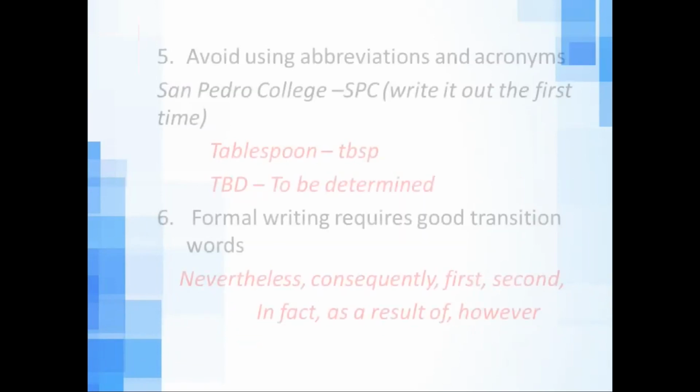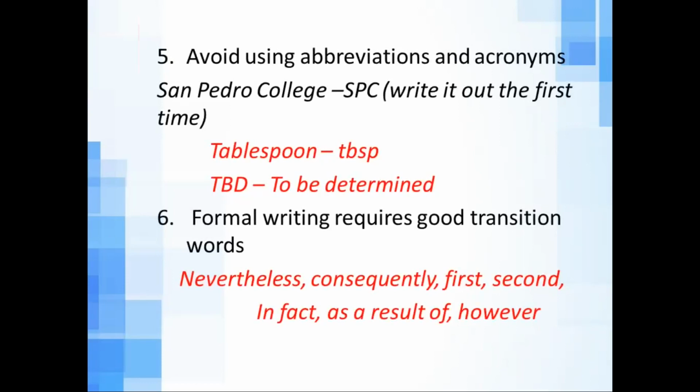Formal writing also, guys, requires good transitional devices or transitional words like nevertheless, consequently, first. These are transitional words that help you signal what to do next with your write-up. This would also help your readers know that you are making transitions from one idea to another.